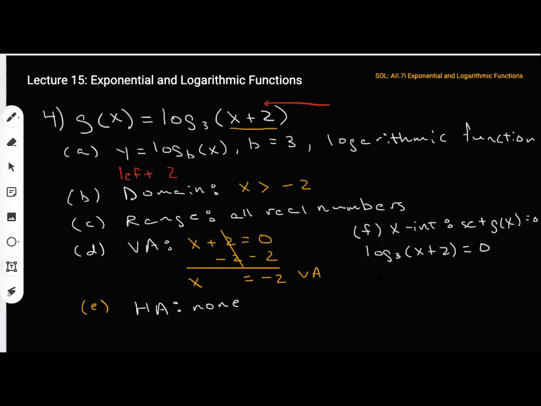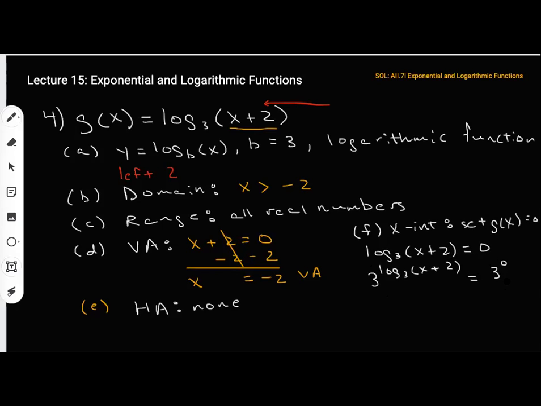To get rid of a logarithm, you have to raise both sides to a base of 3. So you're going to have 3 to the power of log base 3 of x plus 2, and all that's going to do is make the x plus 2 come out. But I also have to do the same thing on the other side.